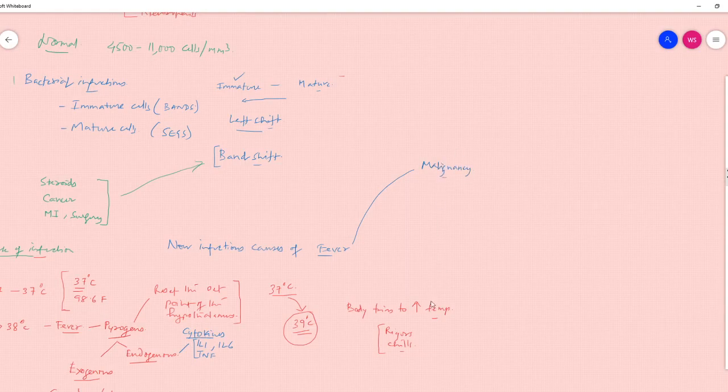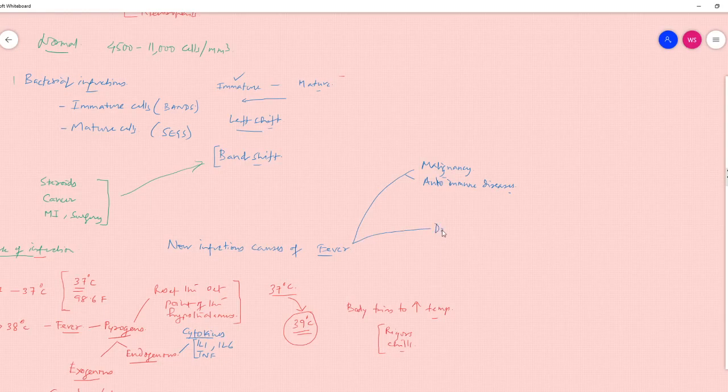Why? Because in malignancy there will be lots of endogenous cytokines which can increase the temperature, but it is not an infectious cause. Or maybe autoimmune diseases. Here again there is an increase in the endogenous cytokines, and it's not an infectious cause.